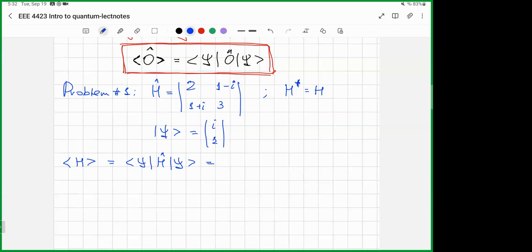First is the bra: I transpose the ket and take the complex conjugation, so it's going to be minus i, 1, then the operator H, 2, 1 minus i, 1 plus i, 3, and the third is the ket i, 1.